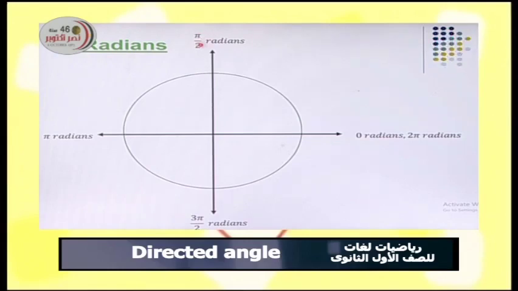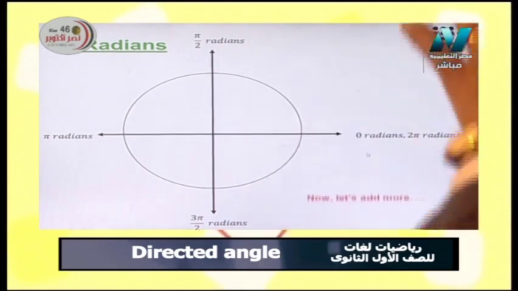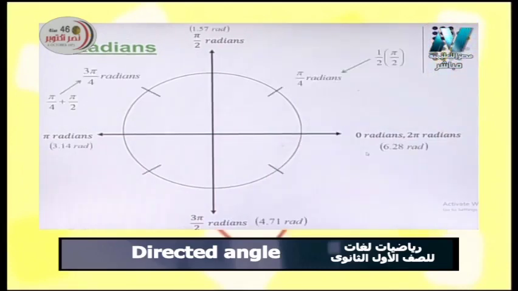So half pi or pi over 2 equals 90. Here pi, which equals in degrees 180, and here 3 pi over 2, which equals 270, and return again to 2 pi or 360 degrees.